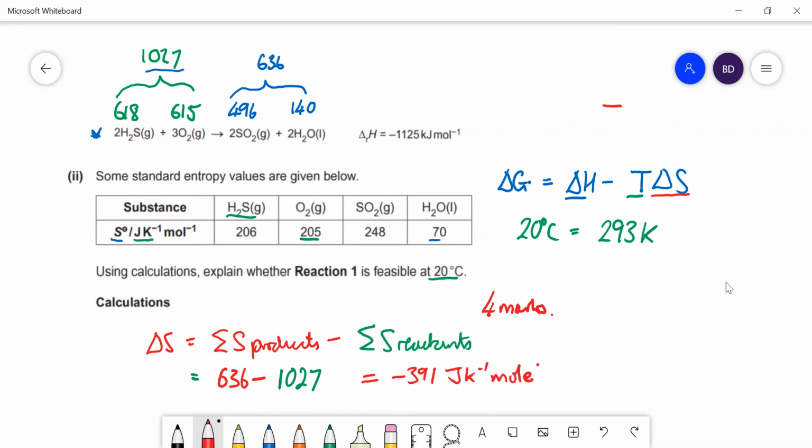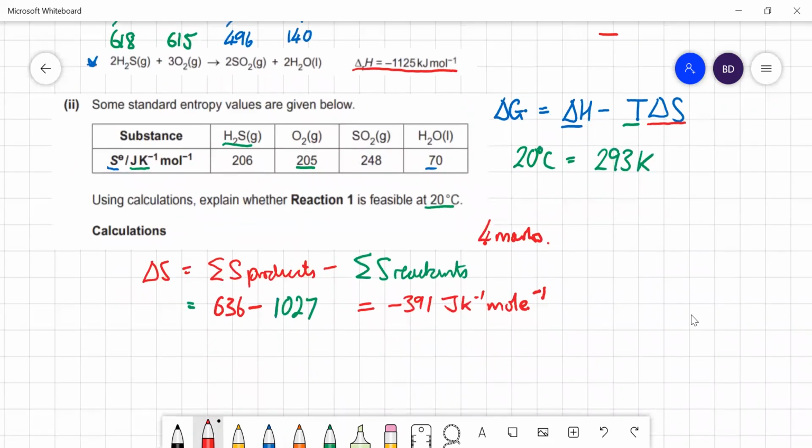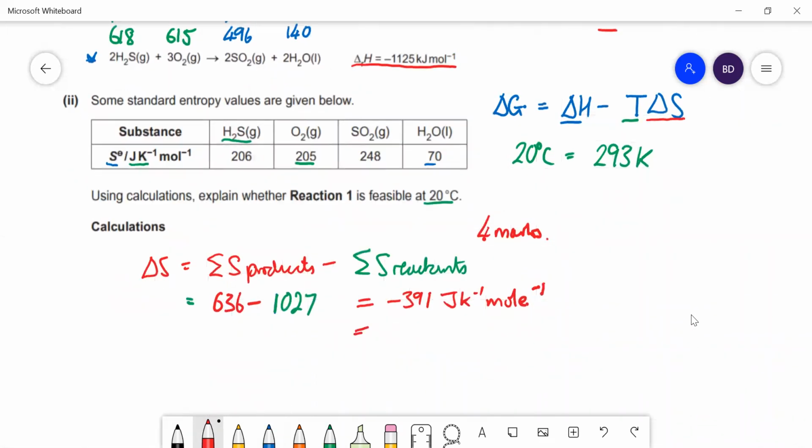Now, because delta H is measured in kilojoules, we need to convert that delta S from joules into kilojoules before we put it into the delta G equation. It's a pretty common mistake to forget that, so that's minus 0.391 kilojoules per Kelvin per mole. Right, now put the numbers into the delta G expression.